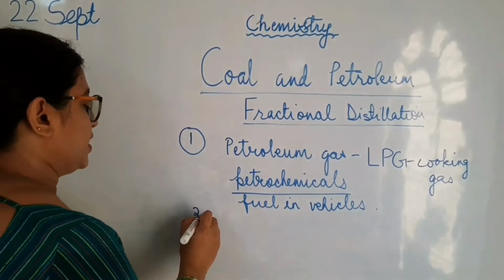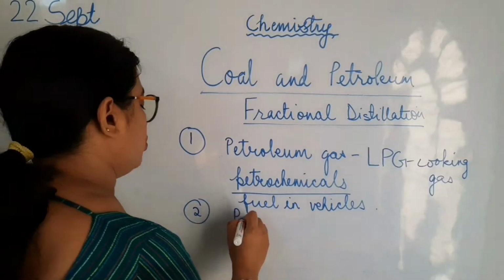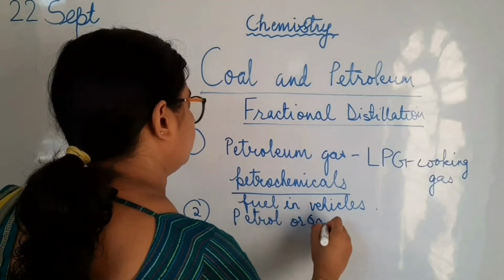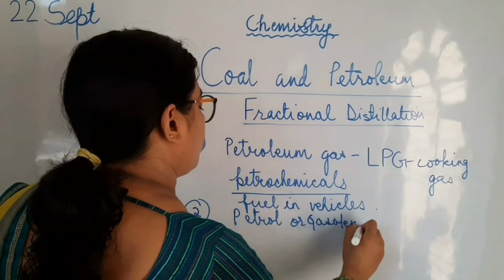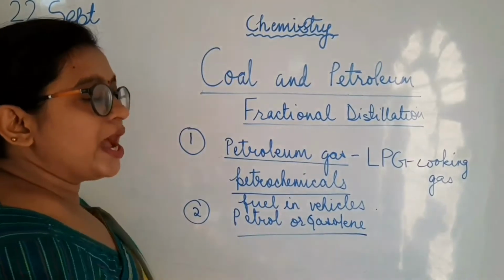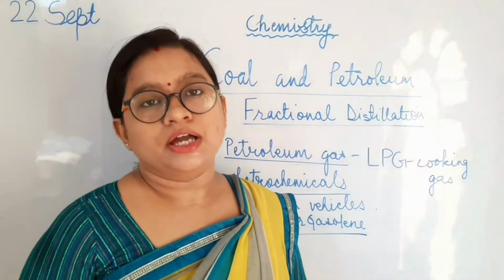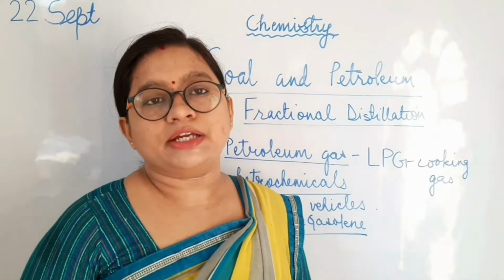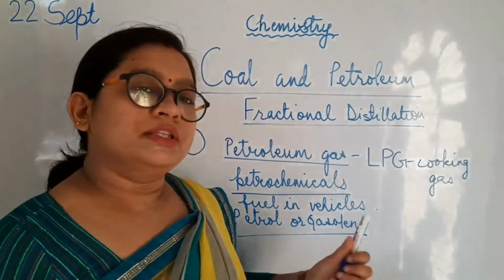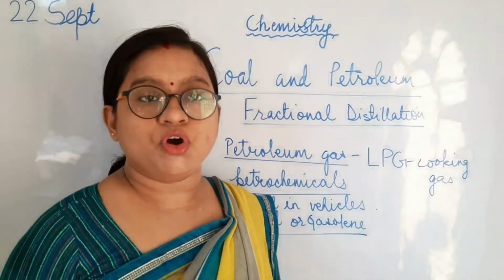Now let's talk about the next product, that is petrol or gasoline. Both of the terms are used for this. Petrol or gasoline is a highly inflammable liquid fuel. This is used in vehicles. As you know, many vehicles use petrol as a fuel, and this fuel is used very commonly.